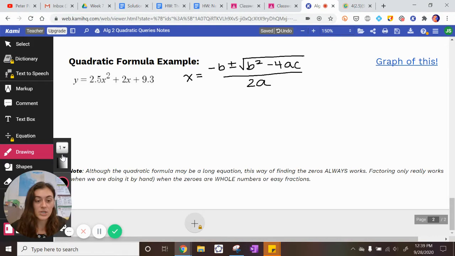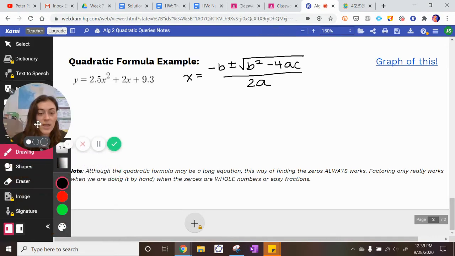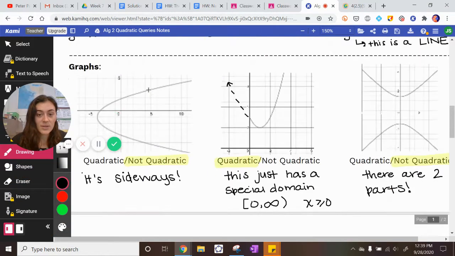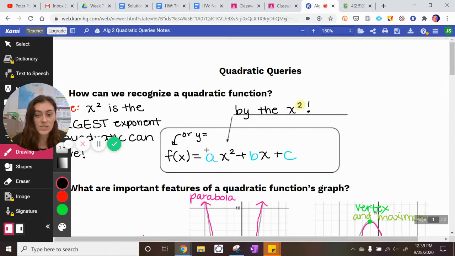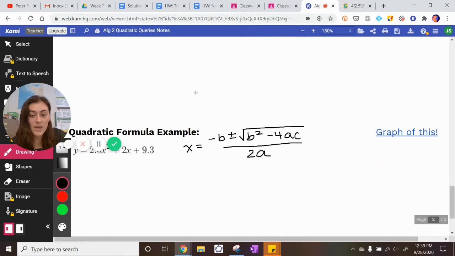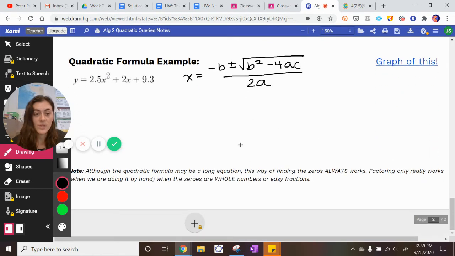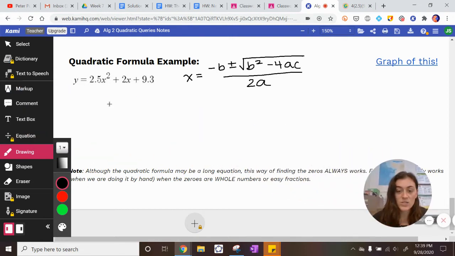So all I'm going to do is, if you look, this equation is written very similarly to the equation we wrote at the beginning of our notes on Monday, where we had an a, we had a b, and we had a c. And those a, b, and c values are exactly what pop up in our quadratic formula. So our first step is to just figure out, okay, what is a in this equation, what is b, and what is c?